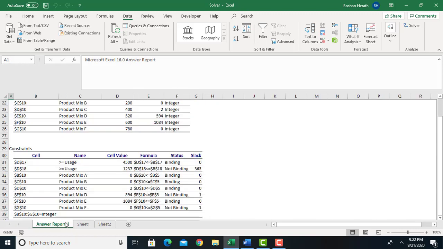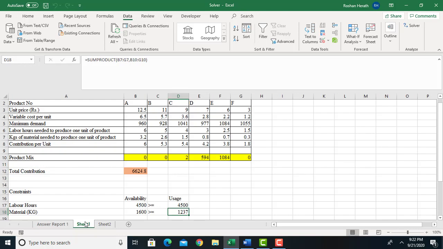In fact, there are 363 additional units in material. So it is basically not a constraint that will hinder your profit potential. Even if you change the other variables, some material would still be available.